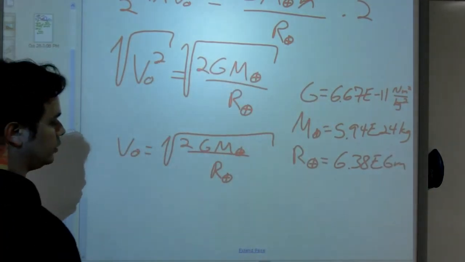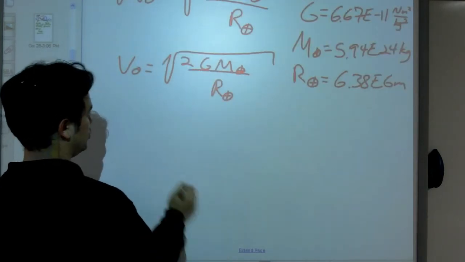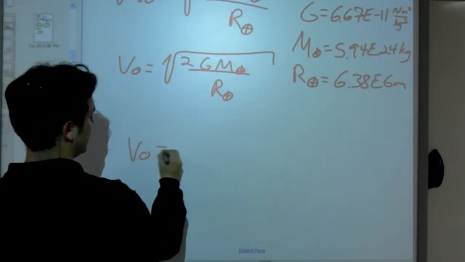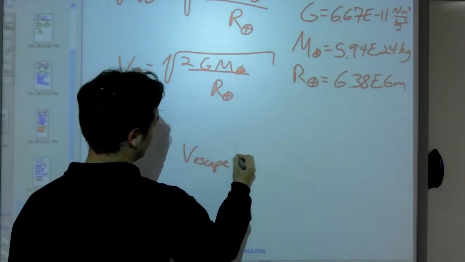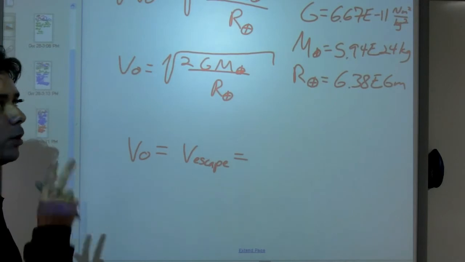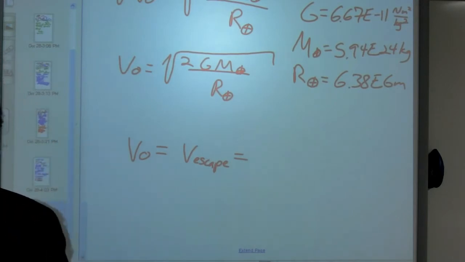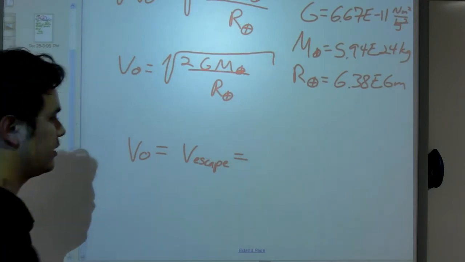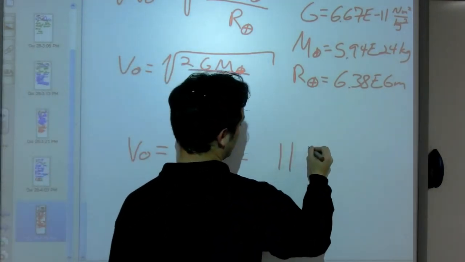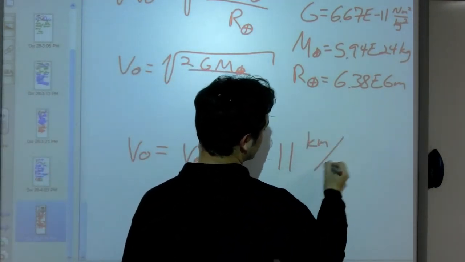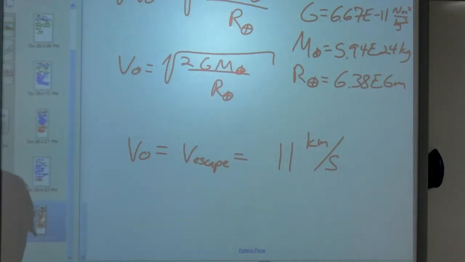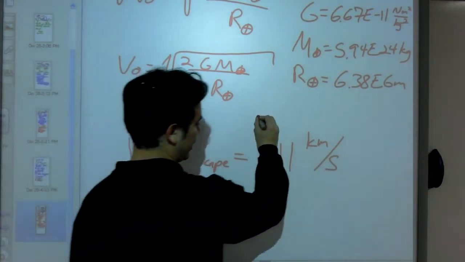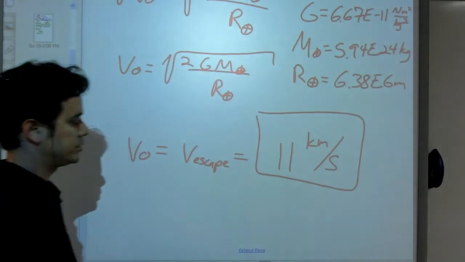I plug in those values, and I don't forget that little 2 there, and I come up with my initial velocity, which is my escape velocity, how fast something needs to be going if I were to throw a ball, ignoring air resistance in the atmosphere, for it to go off into space and never come back. It comes up to right at about 11 kilometers per second. I think it comes up to 11,100 meters per second, but it's usually quoted as 11 kilometers per second.